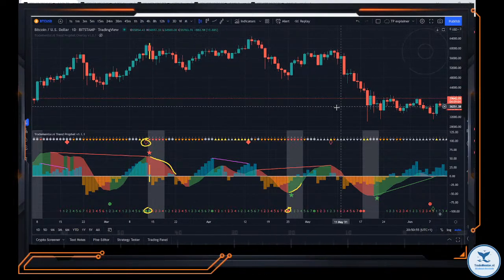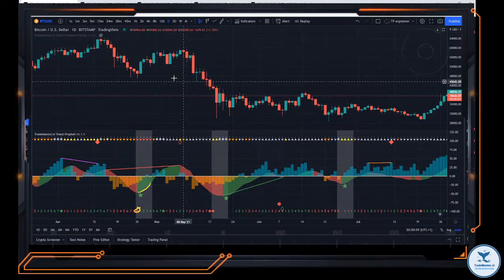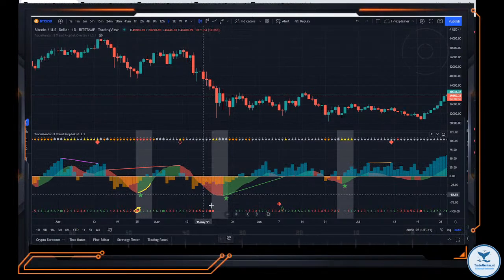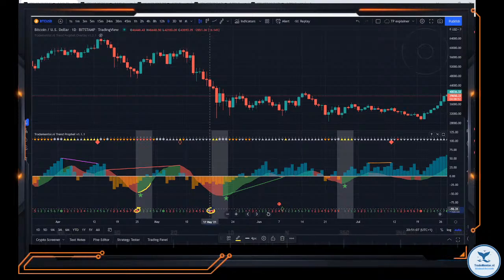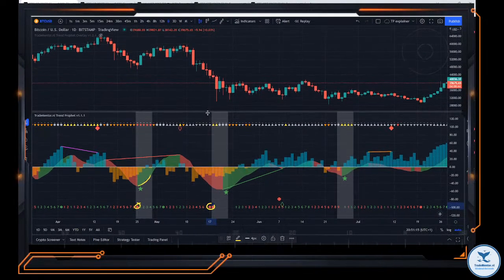Sideways periods are always difficult, and I think it's doing a pretty good job. Looking at this chart here, you see a potential reverse zone. The 8-9s, the selling cycle has ended, but you also see a gap in the count here. That's a very interesting phenomenon in this version.